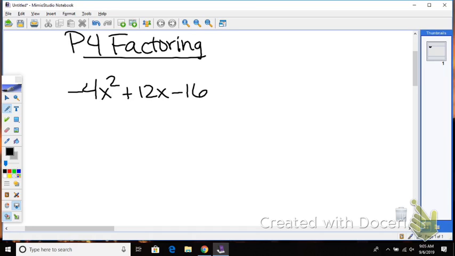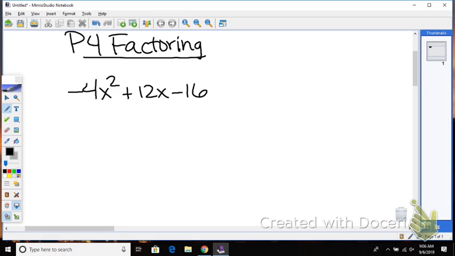So what do these 3 terms have in common? Negative 4. A good rule of thumb is, anytime there's a negative in the first term, you want to factor out a negative, because you want the first term to be positive. Is it wrong if you don't? Not in my book. But just for factoring purposes, having this x squared positive makes it a little easier.